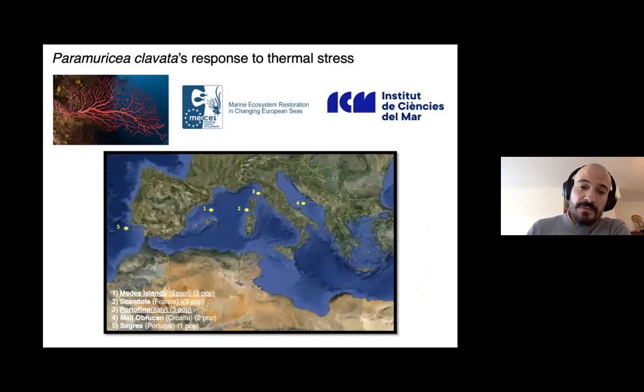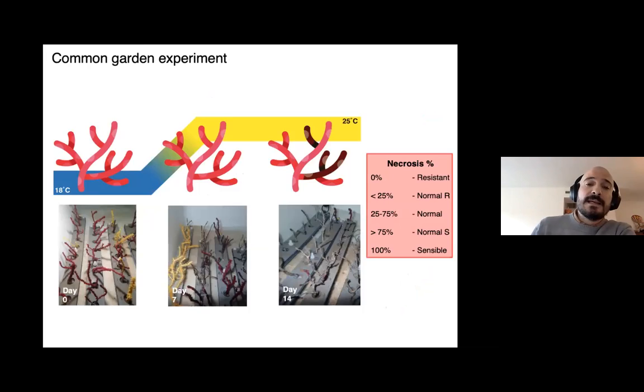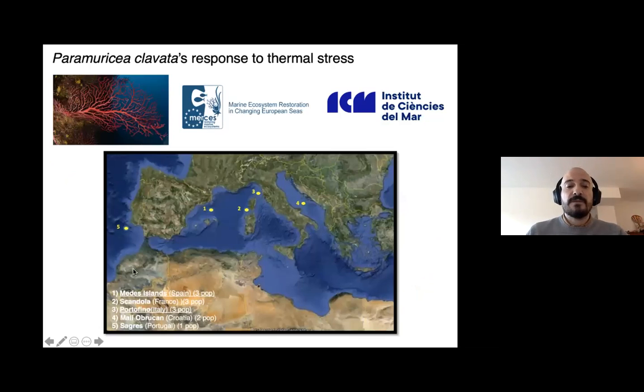Another example of the use of this molecular approach to study the eukaryotes in a marine animal is the study of the response to thermal stress of Paramuricea clavata, the red gorgonian in the Mediterranean Sea. In this case, what we did was a common garden experiment. We had different populations of gorgonians from different parts of the Mediterranean.